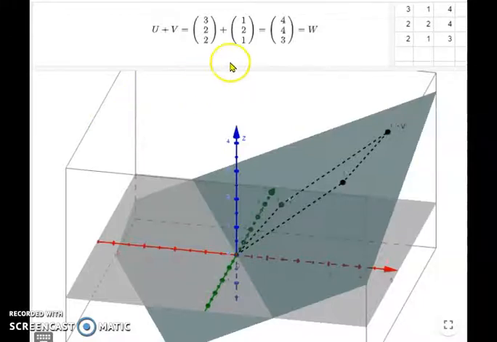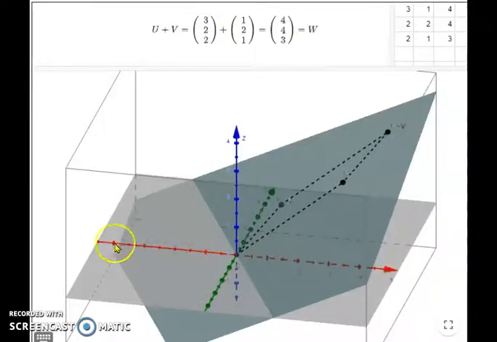Let us have another example. Consider this our vector U, and this is our vector V. The sum of vector U and vector V is vector W. This 3 plus 1 is 4, 2 plus 2 is 4, 2 plus 1 is 3. In this diagram, yung x-axis natin is the red one, our y-axis is the green one, and the z-axis is the blue one. This is our vector U, from the origin up to this point.